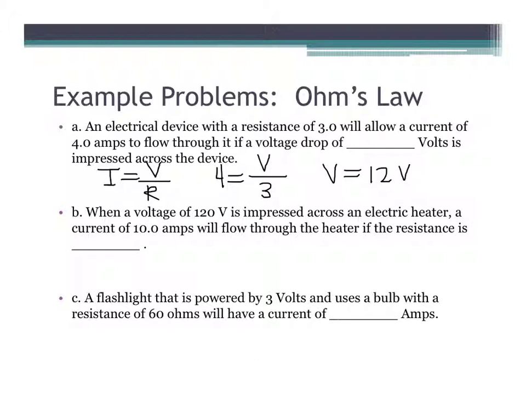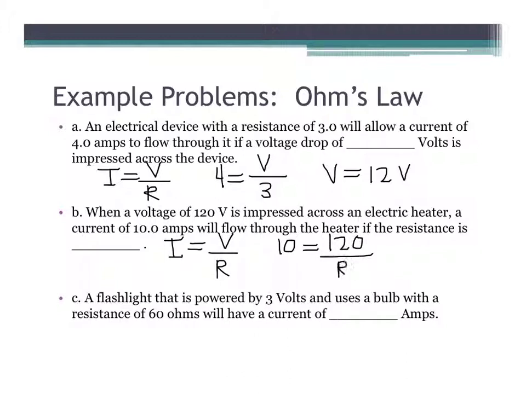Next example, when a voltage of 120 volts is impressed across an electric heater, a current of 10 amps will flow through the heater if the resistance of the heater is what? So again, I equals voltage divided by resistance. The current is 10 amps. The voltage, which is standard voltage in the US, is 120 volts.